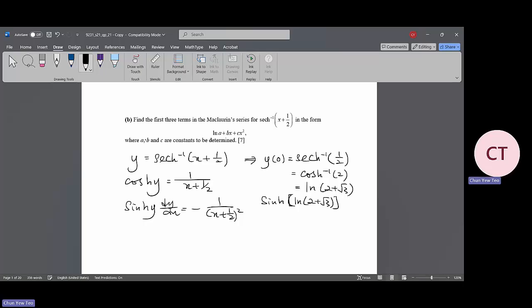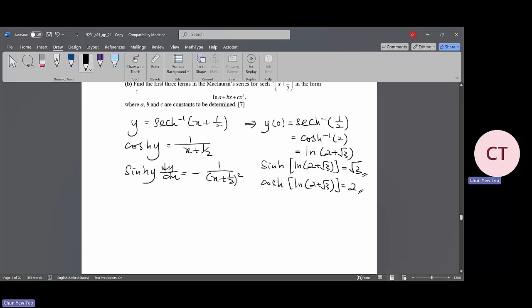This one you can just check with the calculator, and this is root 3. Then cos y is 2. This one you can check from the calculator. Sorry, I made a mistake. Cosh of ln of 2 plus root 3 is actually 2. So this is what you need to get ready first before you continue.